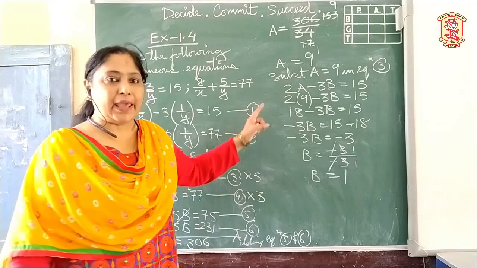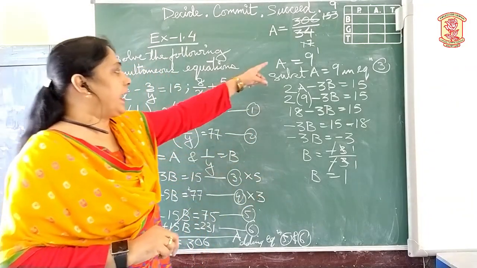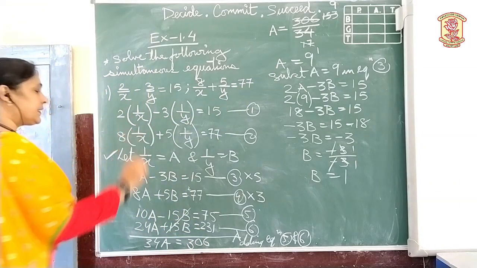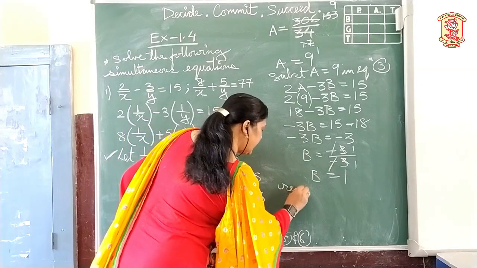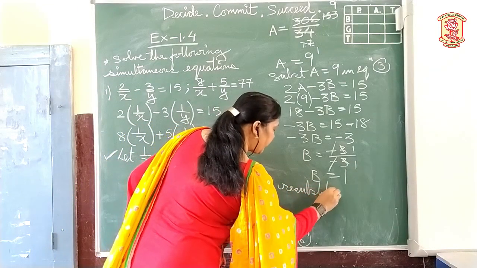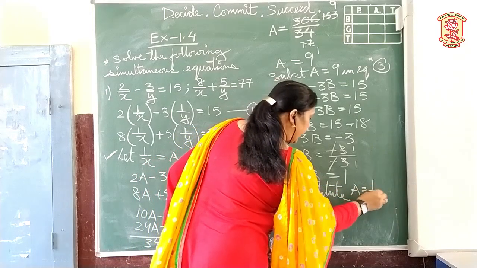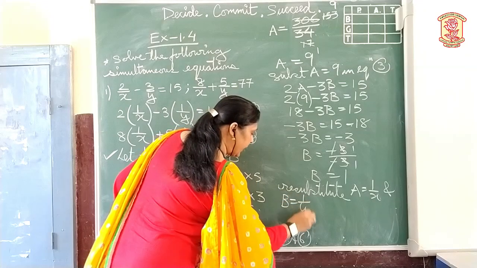We got the value of a, we also got the value of b. Now we'll resubstitute, because actually a is 1 upon x and b is 1 upon y. So we write resubstitute: a equals 1 upon x and b equals 1 upon y.